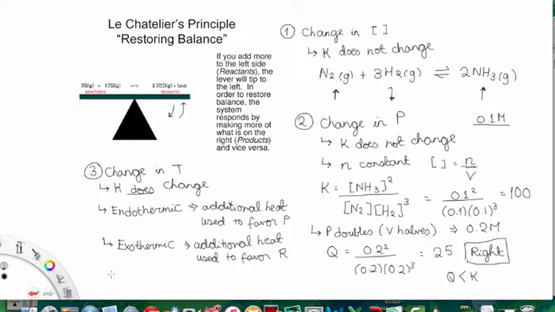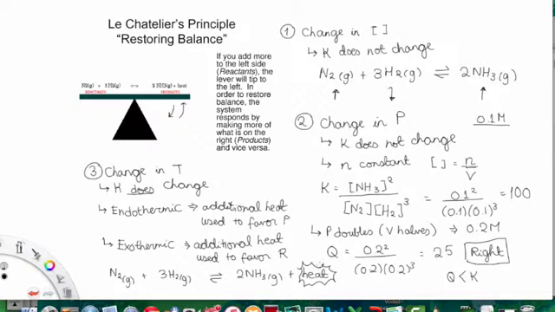So for example, let's write out the equation we were looking at before. In the case that heat is given off in the reaction, I'm going to put heat as an extra entity on the product side because heat is being released.